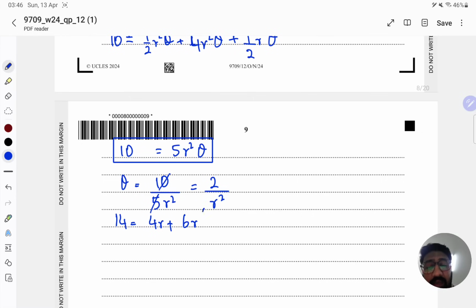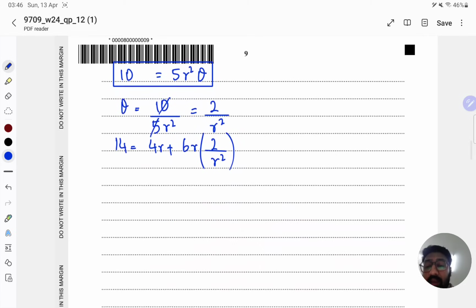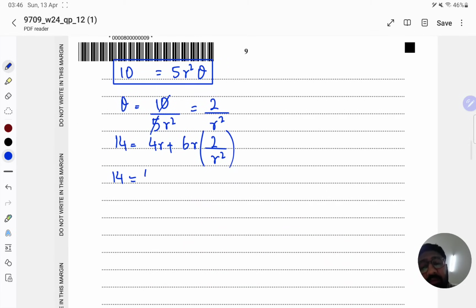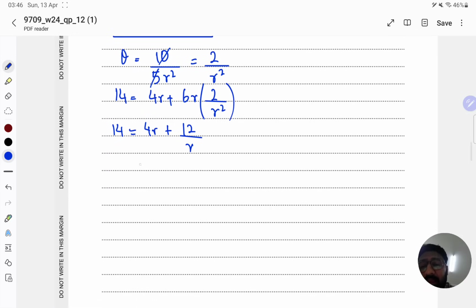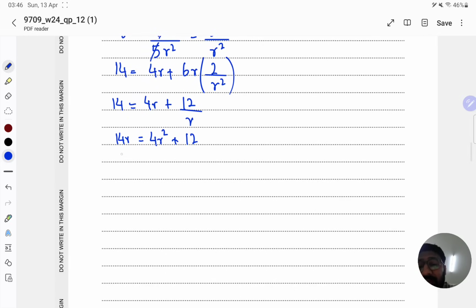So 6r and theta is 2 over r square. If we simplify, 14 equals 4r plus 12 divided by r. If we take the LCM, it will be 4r squared plus 12 equals 14r. So if we simplify, it will be 4r square minus 14r plus 12 equals 0.